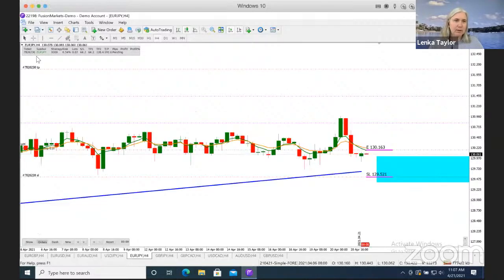Okay, so that's that. Now let's look at the profit target. So we've got TP1 here.